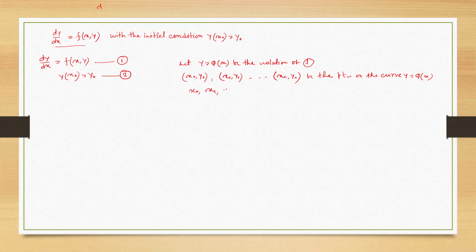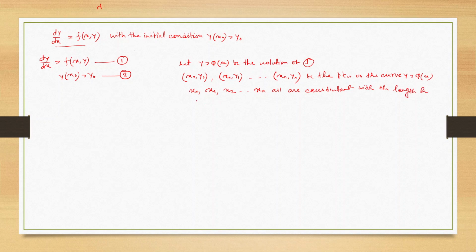y = phi(x), where x0, x1, x2, xn all are equidistant with the difference of length h.